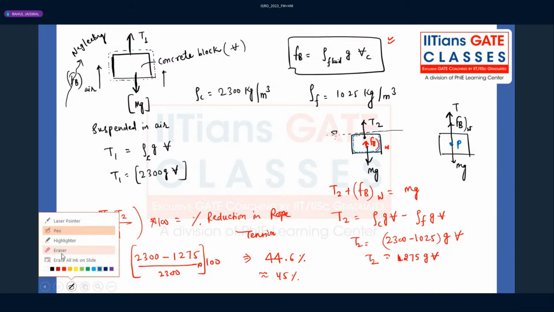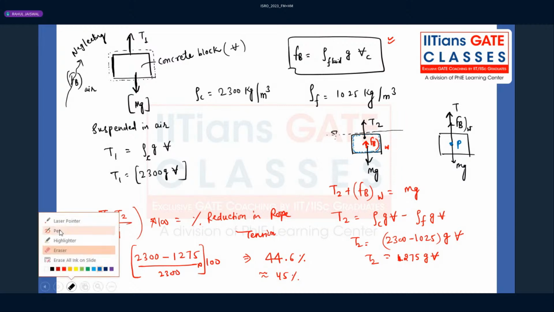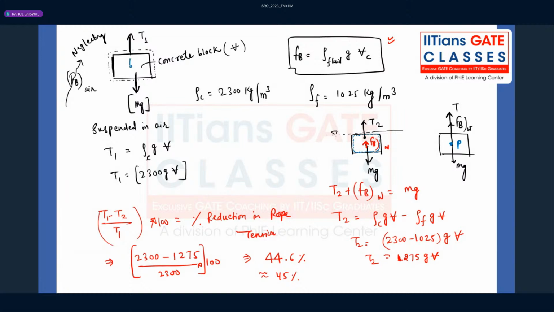Similarly, the buoyancy force because of the air must also be acting at the centroid of the displaced volume, because again it is completely submerged in an air medium. But here we are neglecting it because the density of air is almost 1 kilogram per meter cube.